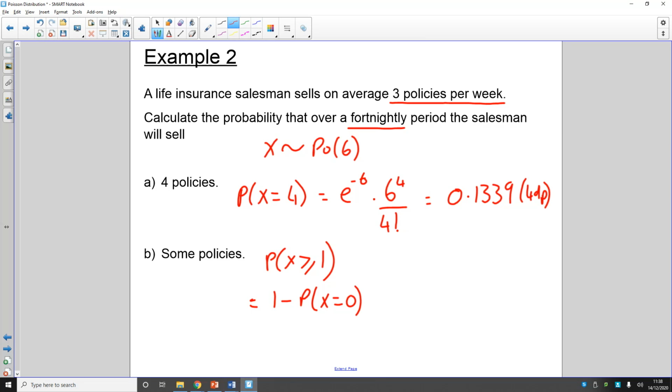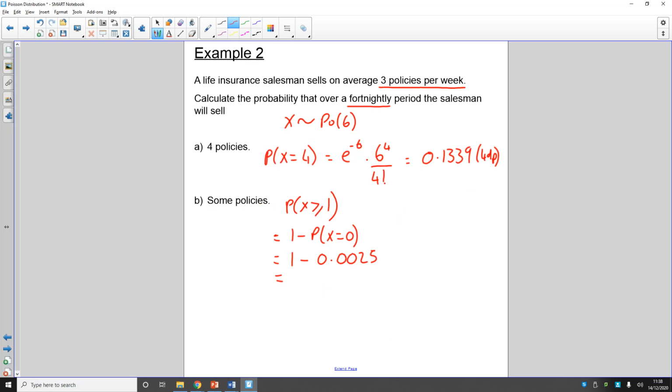And again, you can use the formula or your tables to support you with this, or the calculator to support you with this. So 1 minus the probability that x is equal to 0, which calculates to 0.0025, and then working out the solution from there to 4 decimal places, 0.9975.